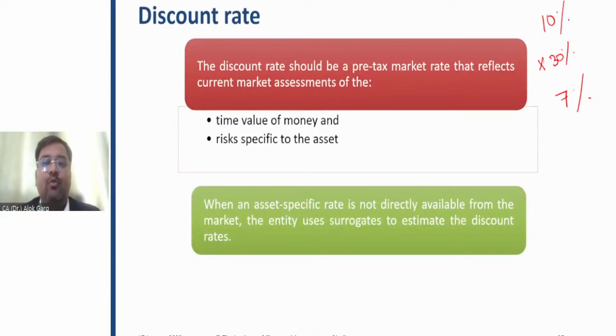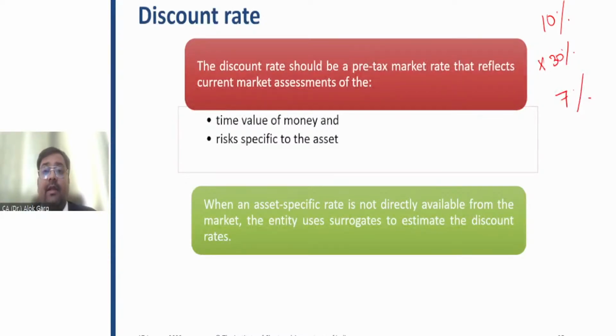For example, there are two companies. One company is into real estate. The second company is into, let's say, FMCG like Nestle, like ITC. The real estate company is taking a loan from the bank, and real estate is a sensitive sector.